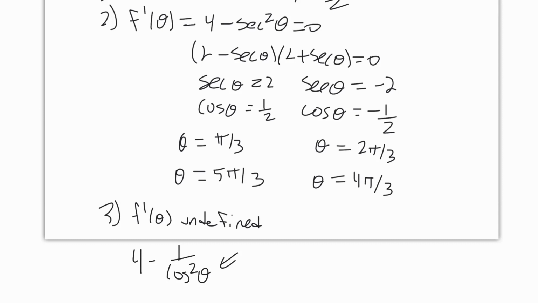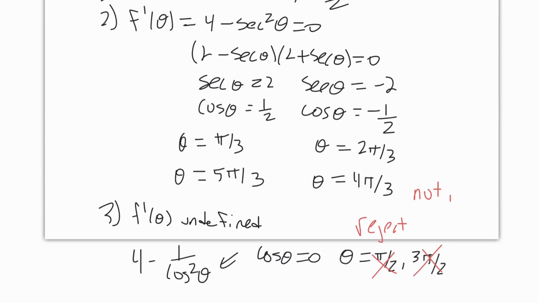It would be 0 where cos of theta would be equal to 0, which means theta would be equal to pi by 2 and 3 pi by 2. But of course, these are numbers, if you look back, they're not in the domain. So these have to be rejected because they are not in the domain. So our critical numbers are these four here.